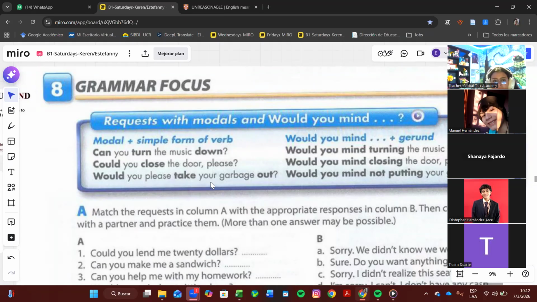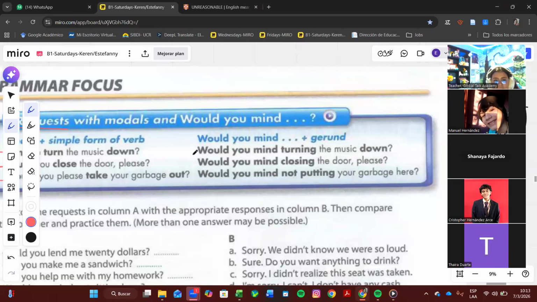Would you please take your garbage out? Right? So in these ways, we use can, could, and would to make requests, let's say. So can you turn the music down, close the door, or would you take your garbage out?